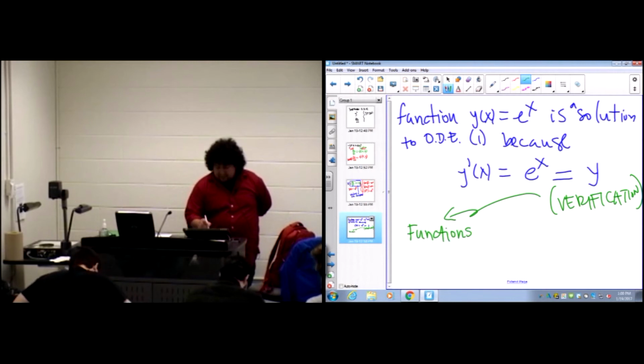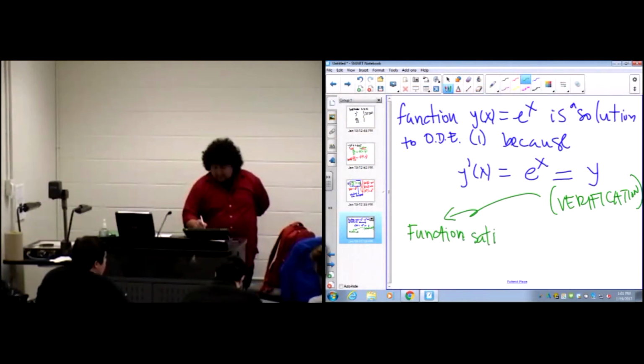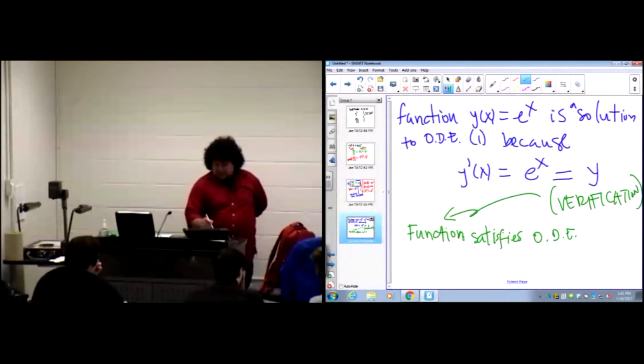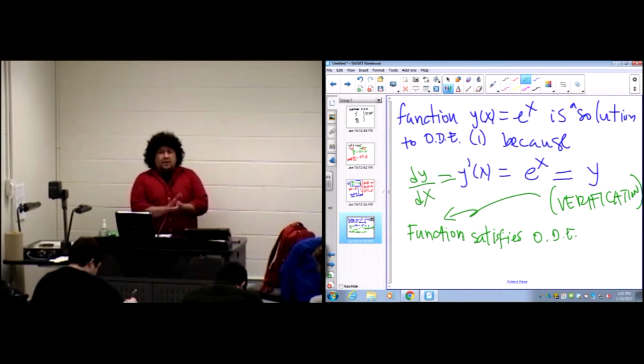So verification means that the function satisfies the ordinary differential equation. So y prime equals e to the x, which is equal to y. This is the same as writing y prime or writing dy/dx.